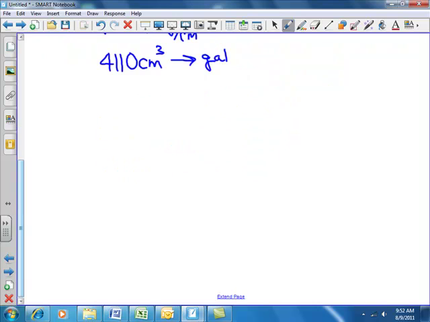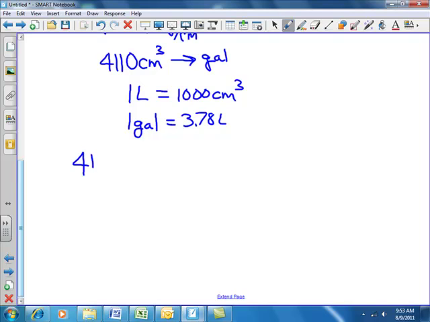Now you might need to look at your conversion sheet, but hopefully by now you know that to go from centimeters cubed to gallons, you're going to have to go through liters. 1 liter is 1,000 centimeters cubed, and 1 gallon is 3.78 liters. I can use those two conversions and make this conversion. This is a simple conversion we're hopefully used to.